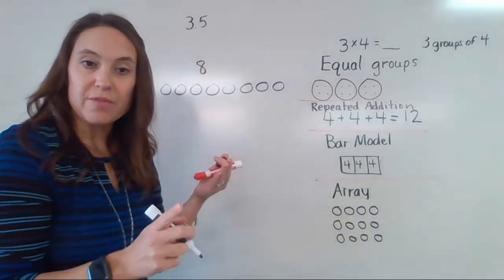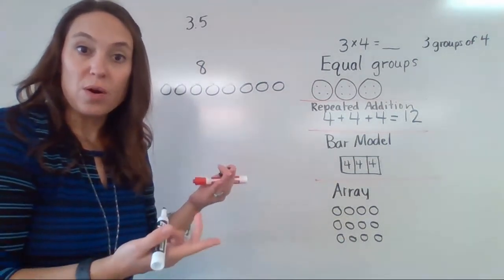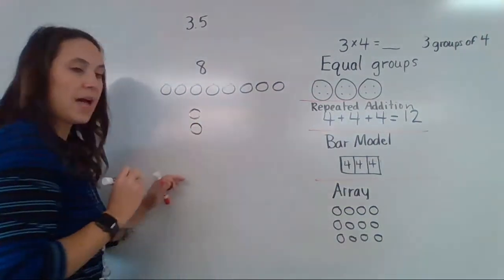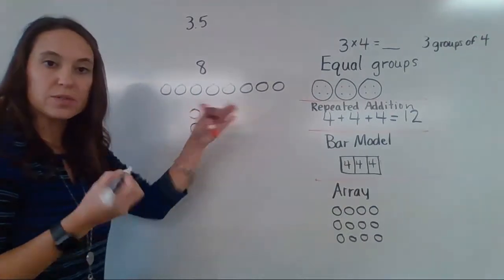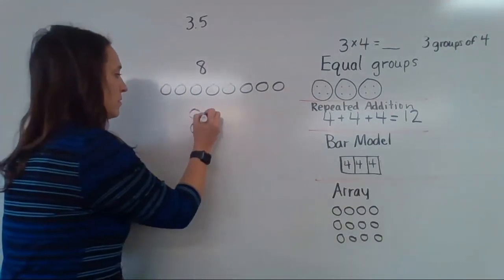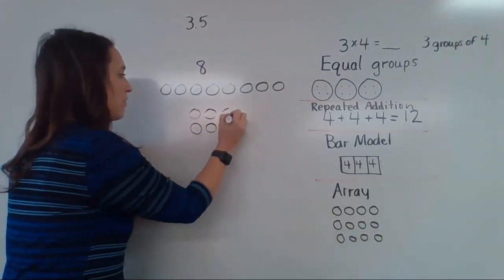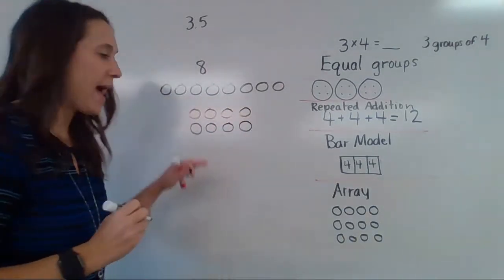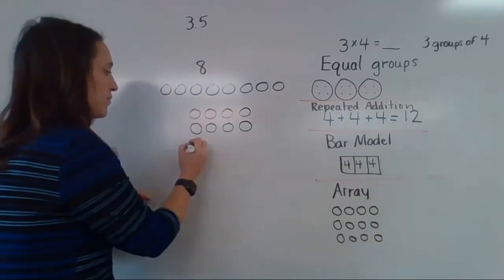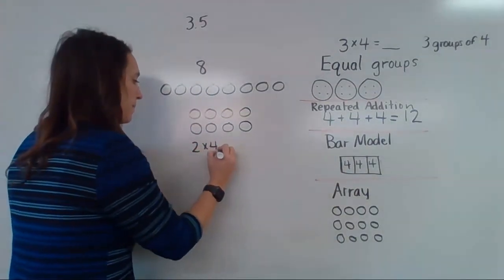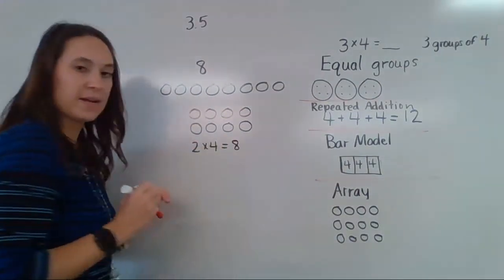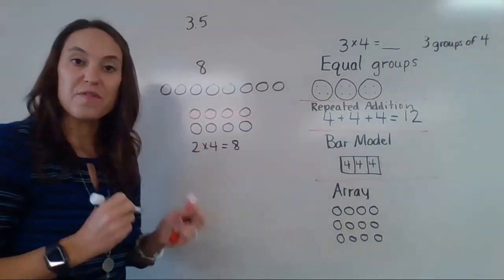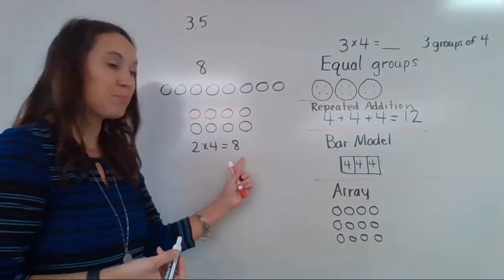So I'm wondering if I can make 2 rows. 1, 2. And I'm just going to keep adding to my rows until I get to 8. 3, 4, 5, 6, 7, 8. So now I have my 2 rows times 4. And that equals 8.